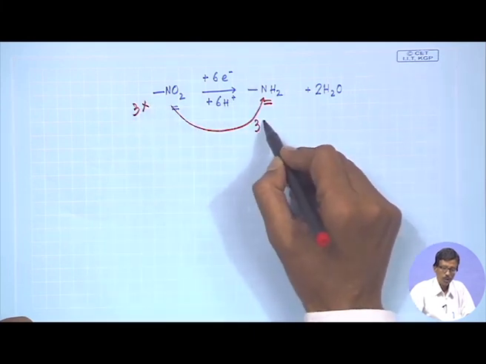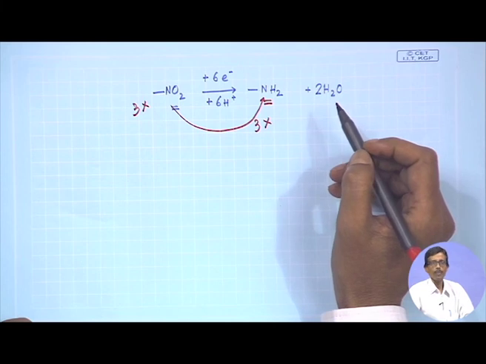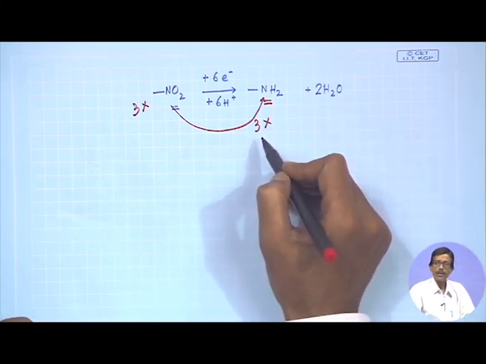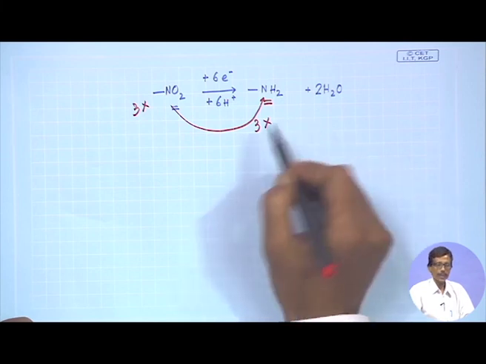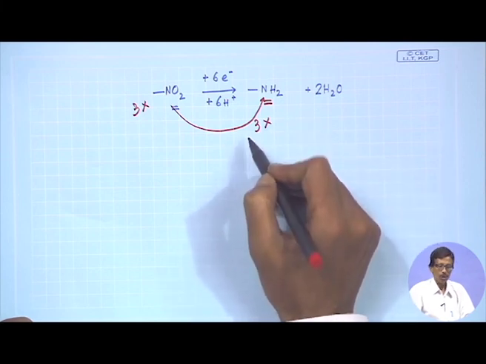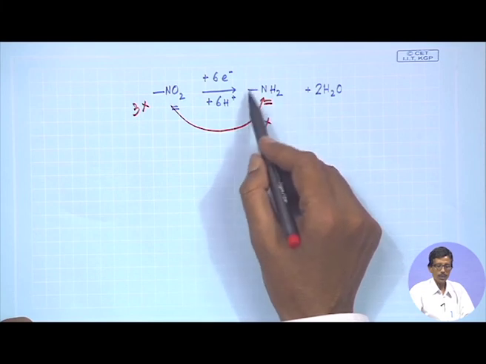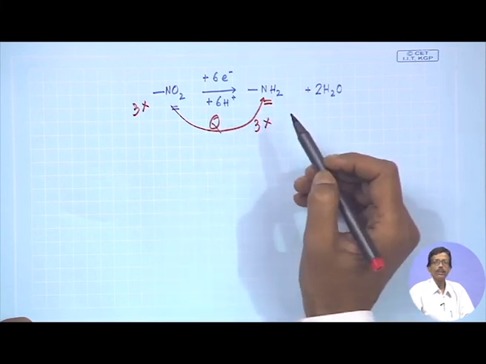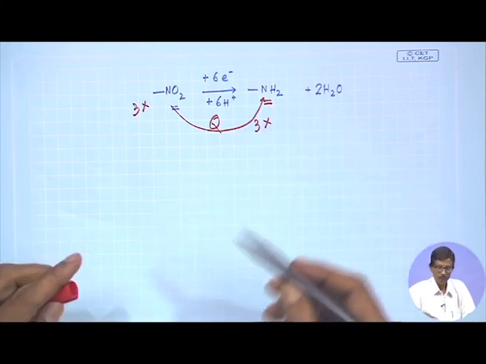So, whether all 3 will be reduced to the amine function or not, that means whether you have a partial reduction or a complete reduction, you can find out not only by identifying the product, but also by knowing the corresponding charge from the coulometer. Okay. Thank you very much.